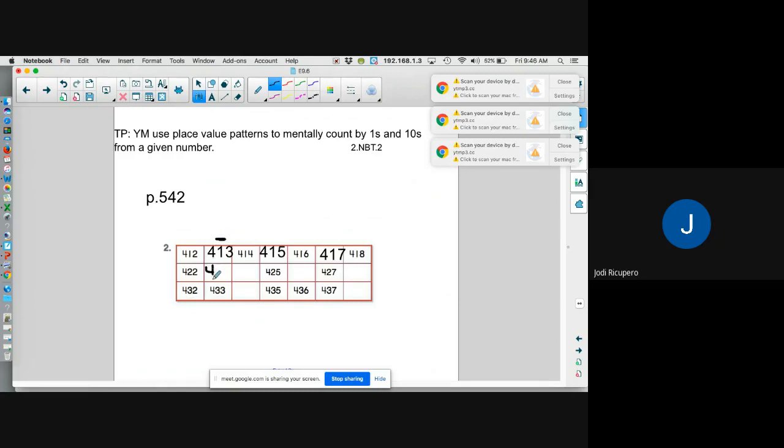So 423, 433, 414, 424, and then 434, 416, 426, 418, 428, and 438.